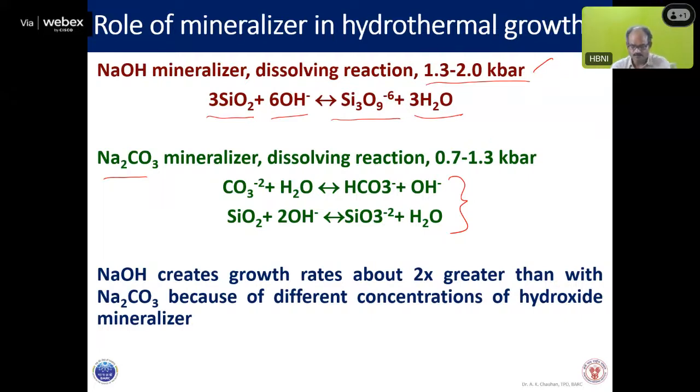So you can choose any of these depending on the method which you are using. Sodium hydroxide creates growth rates which are slightly higher, but it requires higher pressure also.